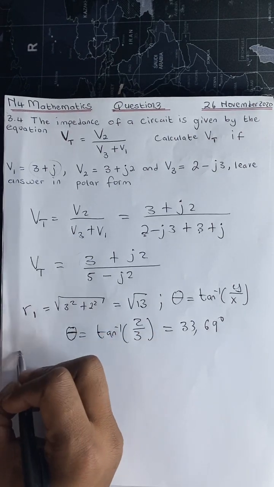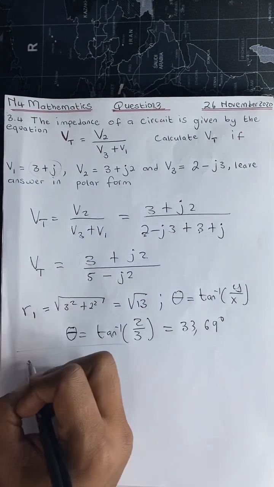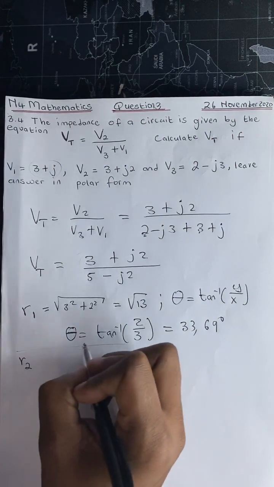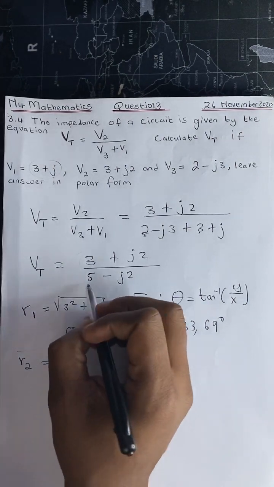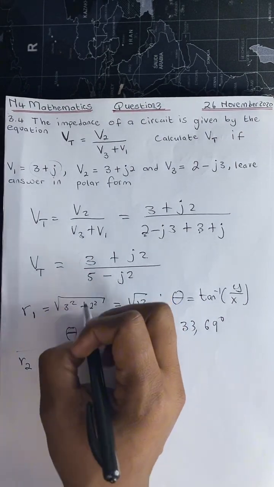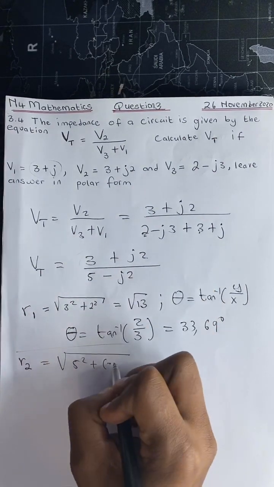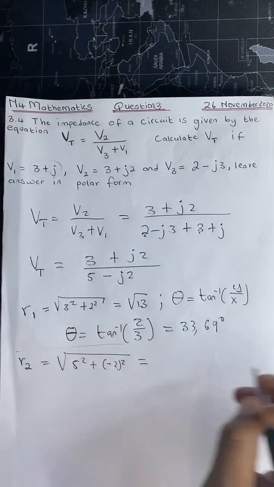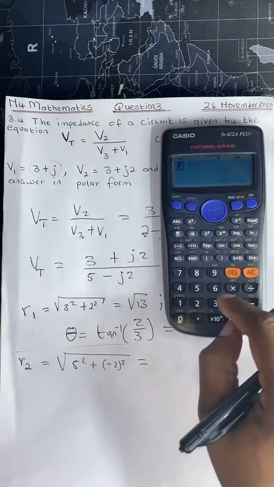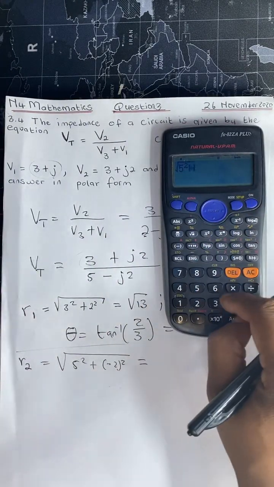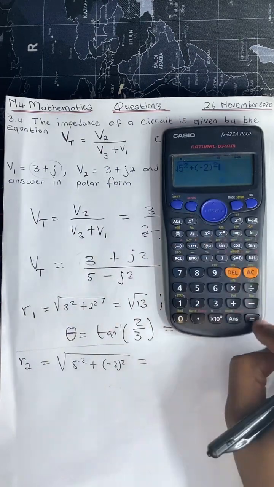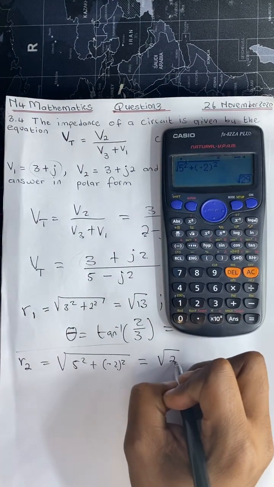So for r2, for the denominator, we have the square root of 5 squared plus negative 2 squared, which will be equal to the square root of 29.